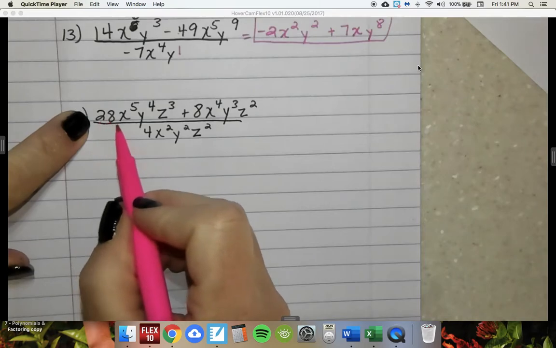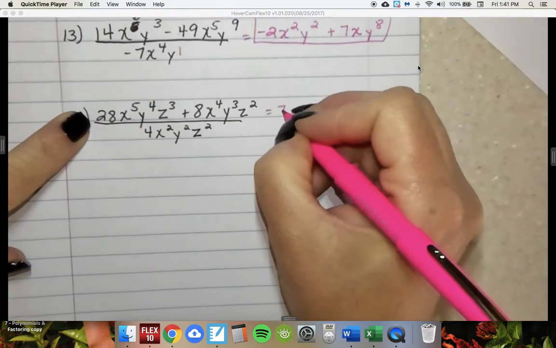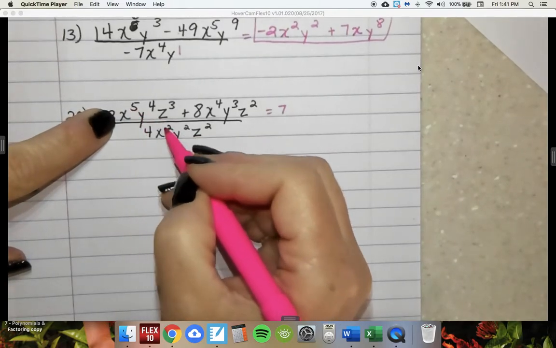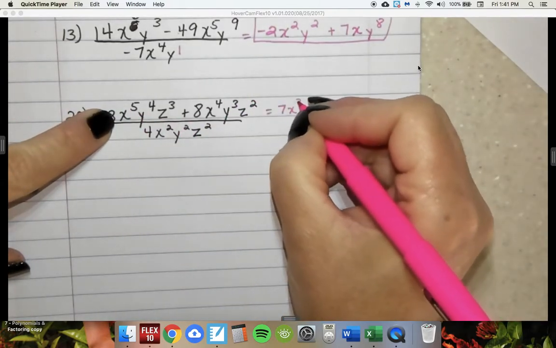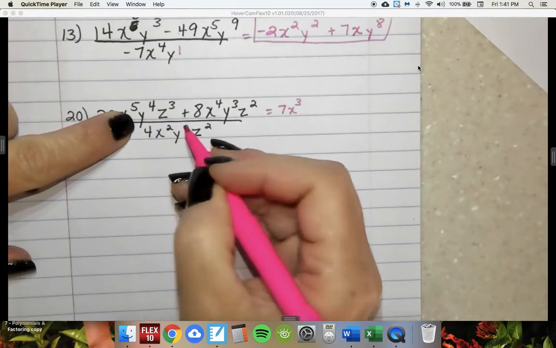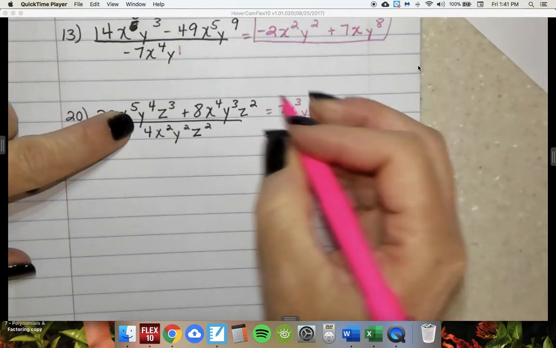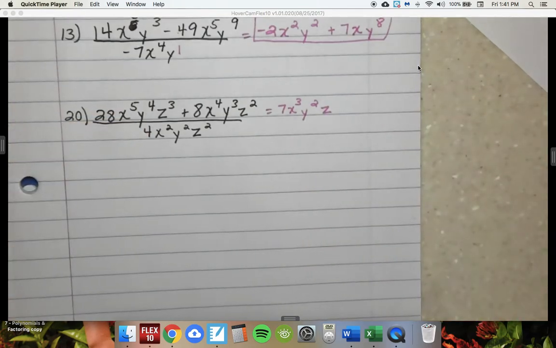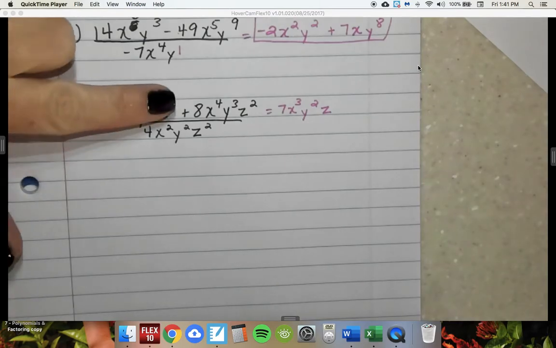Coefficients first. 28 divided by 4. That's a 7. x5, x2. 5 minus 2 is 3. y4, y2. z3, z2. z1. See? Now, do the next piece.